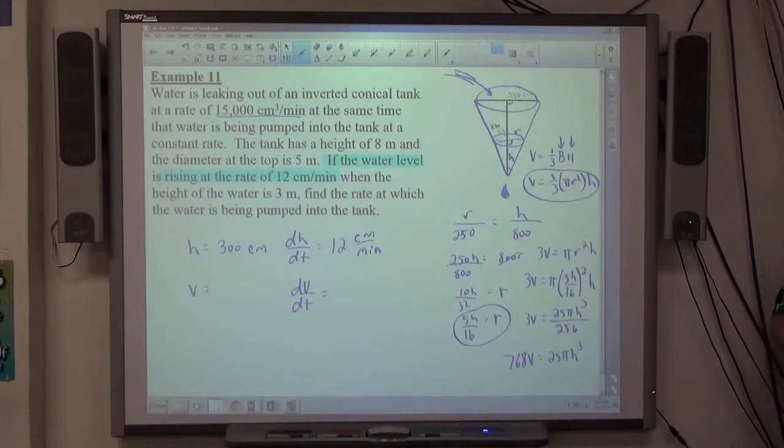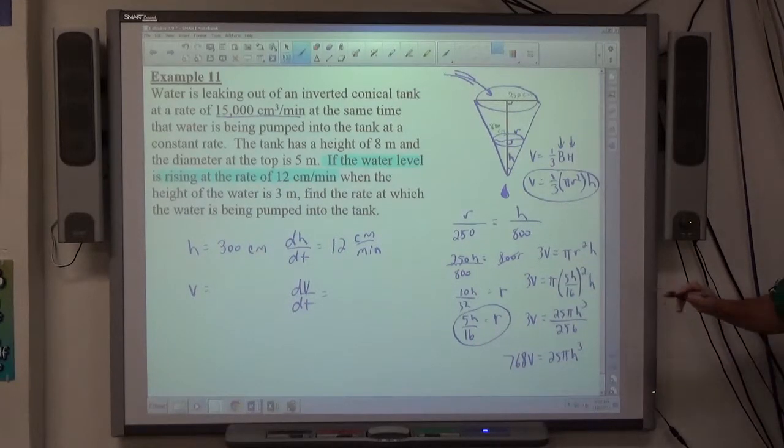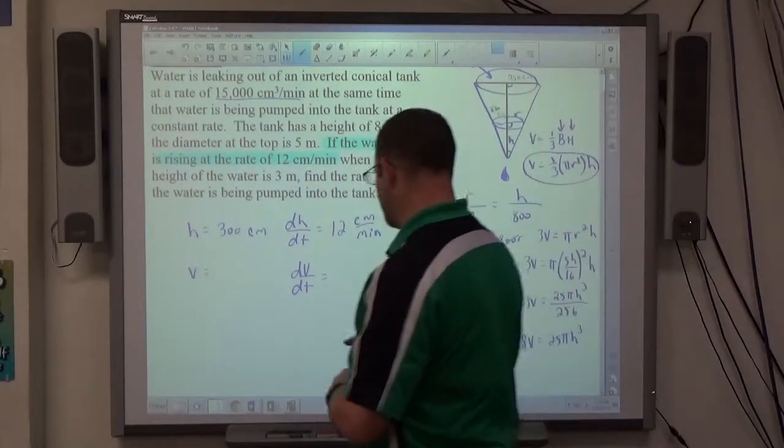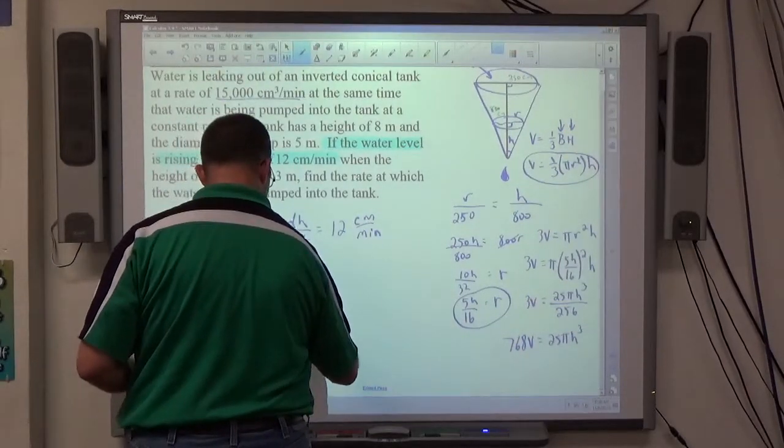So is this. This is also, but it's no good because it's got too many letters in it. So once you change R to H, at any moment in time when you do that, you can go with it, but I like simplified versions better, so I'm going to go with this bottom one. I like that bottom one a lot. So 768V equals 25 pi h cubed.